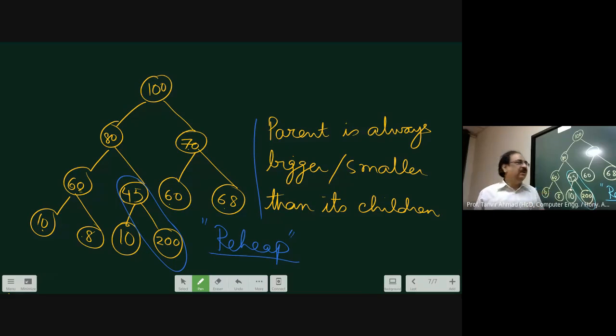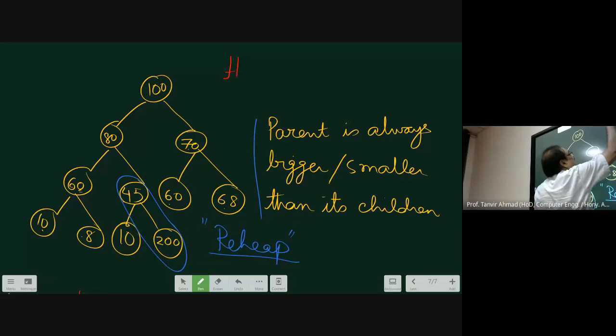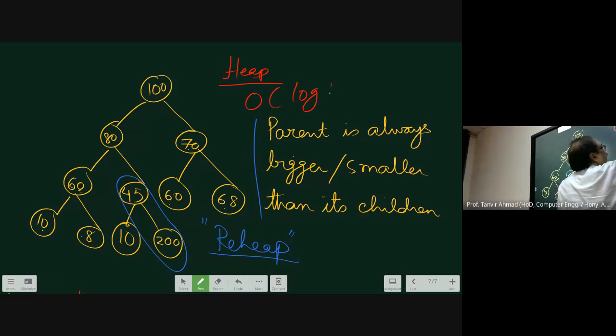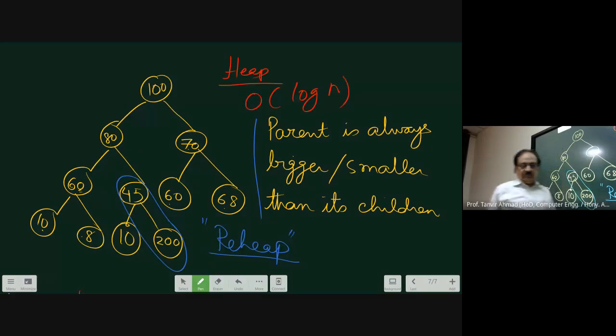Now, what will happen if I am taking a heap? The advantage is there. You might not understand it, but don't take it at that. We'll clear it up after that. What happens in the heap is that insertion will take order of log n time.